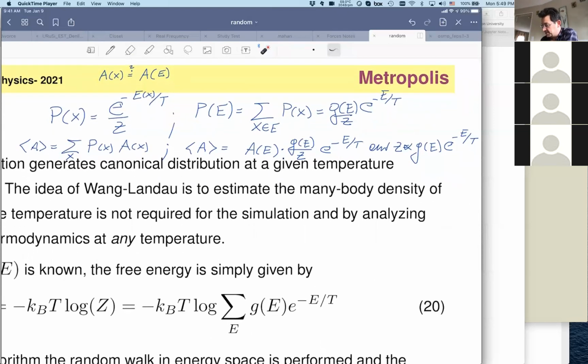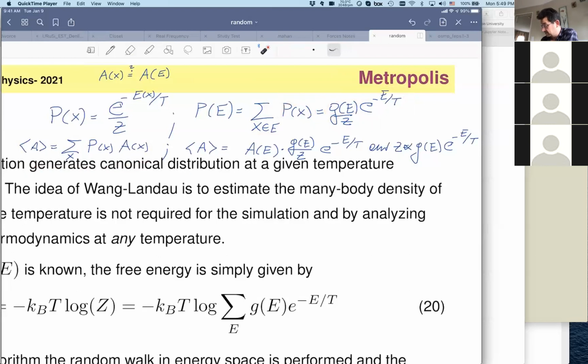So imagine that instead of doing this, you would sum over all possible configurations that have the same energy, of P of X, of course. Then you would see that this is the number of many-body states at this energy, divided by Z, times e to the minus E over T, okay?